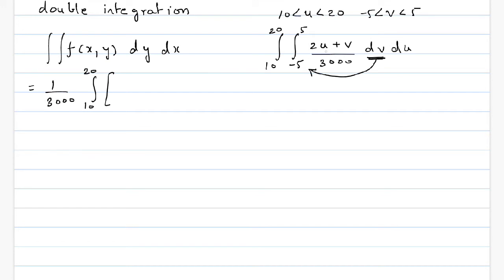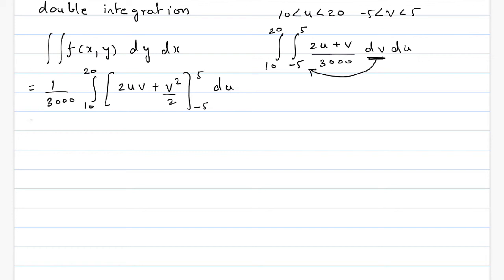So with 2u, both the terms are just constant. So we will have 2uv, because the integration of 1 is v, and then plus the integration of v will give us v square by 2. Then we'll put our limits -5 to 5, and then we'll have du.